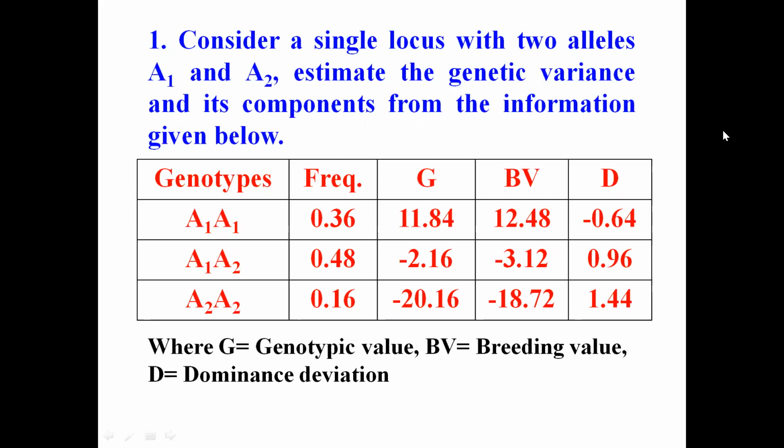Estimate the genetic variance and its components from the information given below. Before you, there is a table in which, with regard to this locus, three genotypes are given: A1A1, A1A2, and A2A2. Their concerned frequencies, genotypic value, breeding value, and the dominance deviation are given in this table.